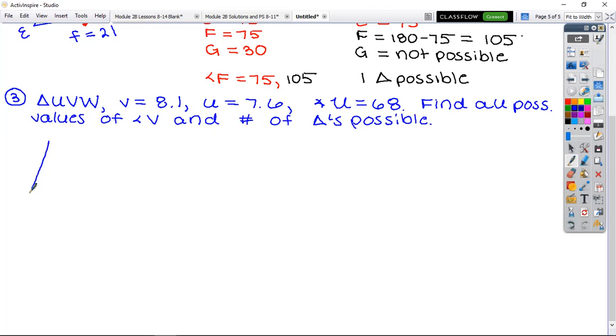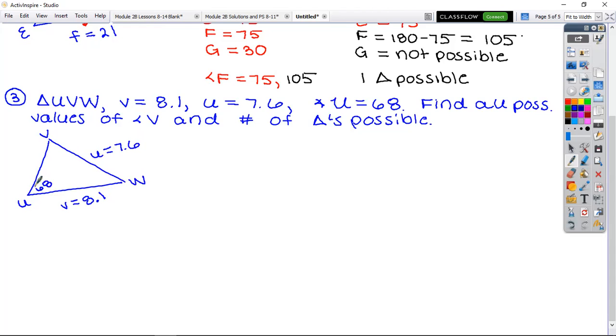So I have UVW, where little v is equal to 8.1. Little u is equal to 7.6. Capital U is 68.